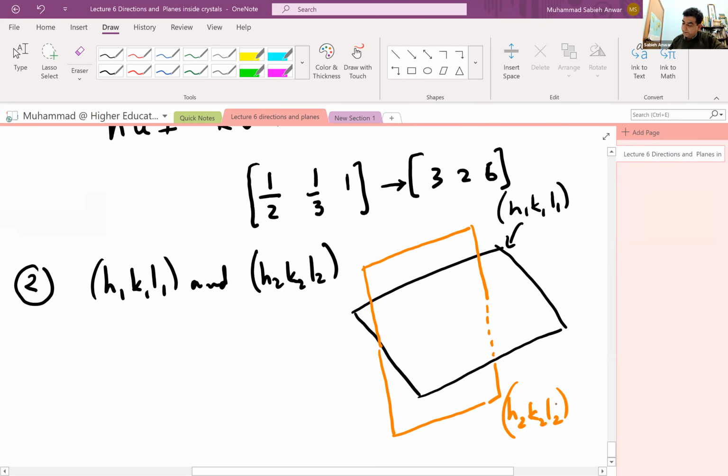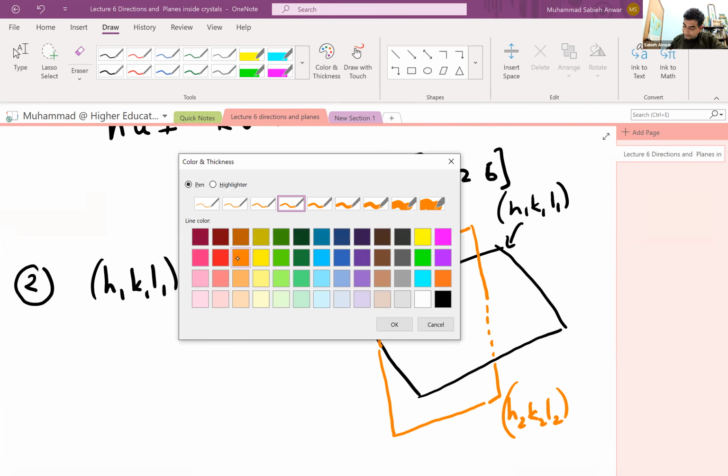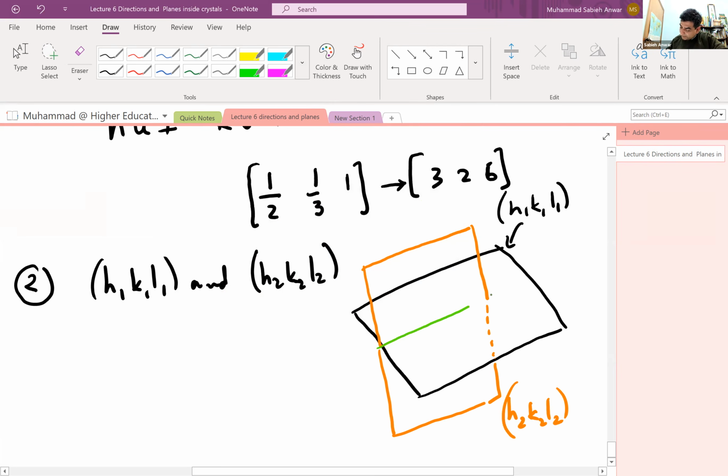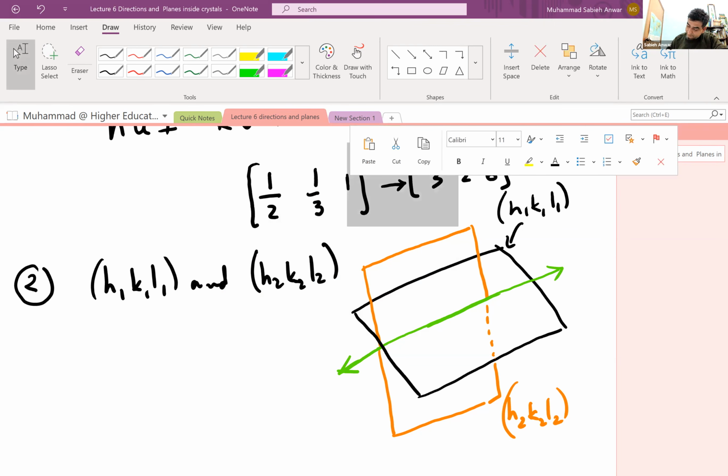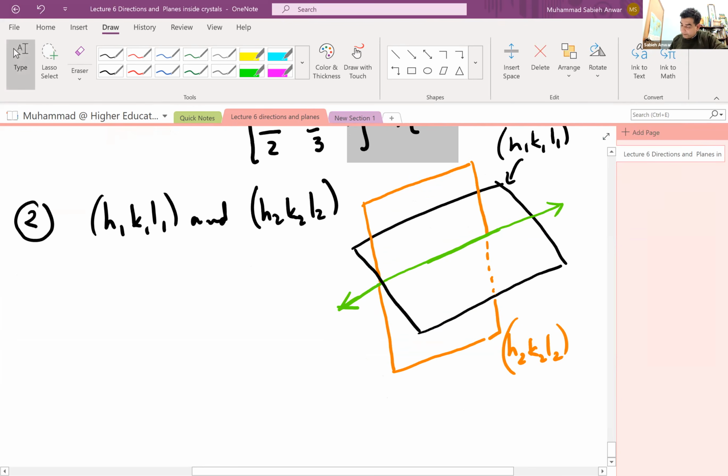Of course, they may intersect somewhere, and if I would like to find the direction along which they intersect, one of these directions could be this, and the other direction could be exactly diametrically opposite. I could do that by forming a matrix. My unknown direction is U, V, W.